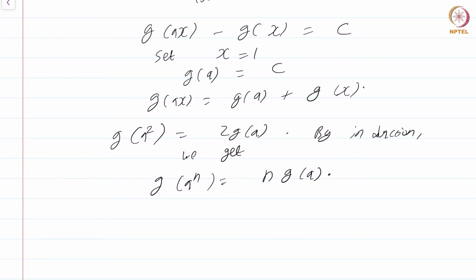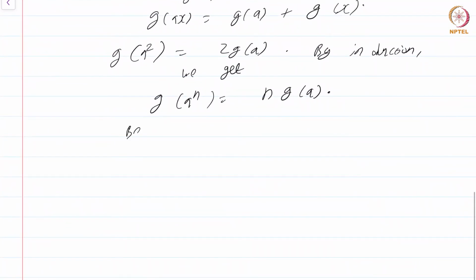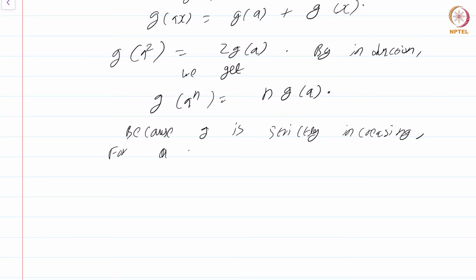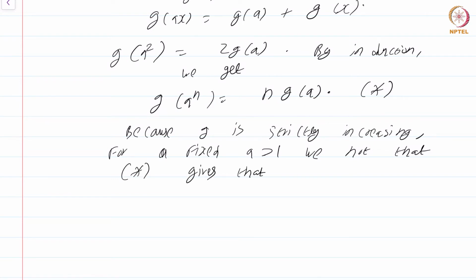Okay. Now because g is strictly increasing, remember I wrote that back, for a fixed a greater than 1, we note that star gives that g of a power n as n goes to infinity diverges to infinity, right?